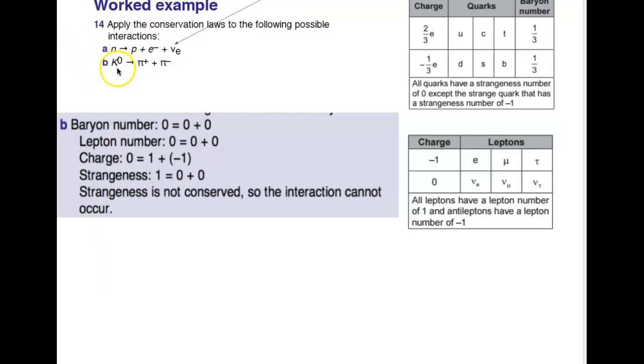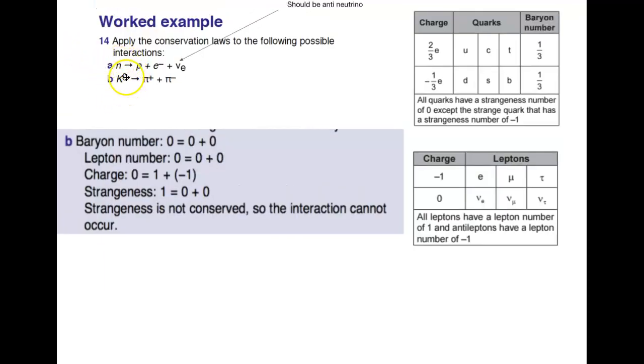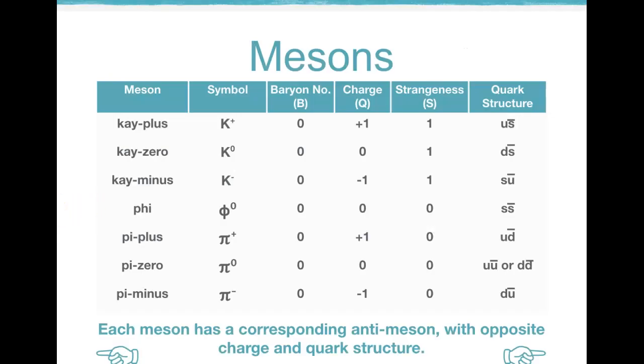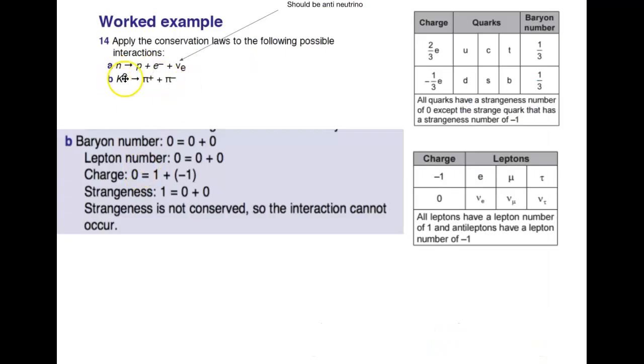Let's try the next one. Now, what is this particle? This is a K0, and in order to proceed, we're going to have to figure out what this is. If we look on our list of mesons, because that's what this is, a K0 is a meson which has a down quark and an anti-strange quark. On this side, let's start with baryon number.